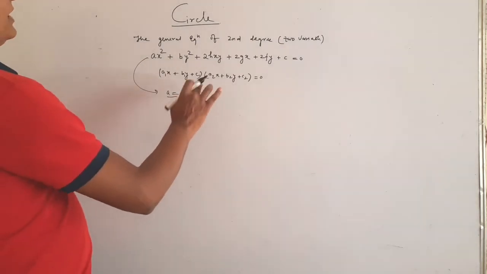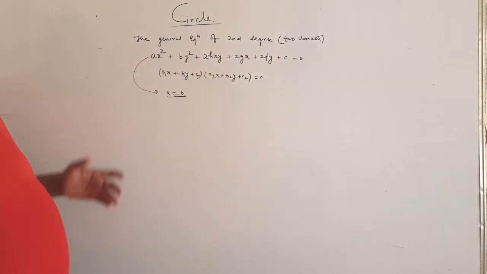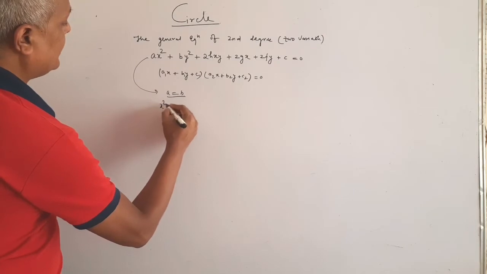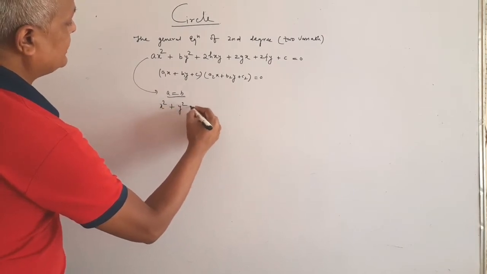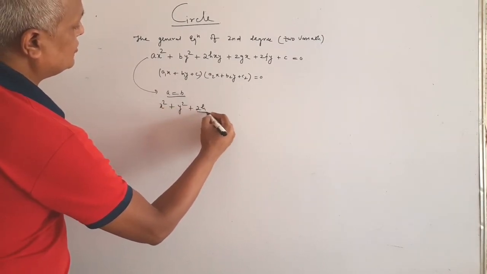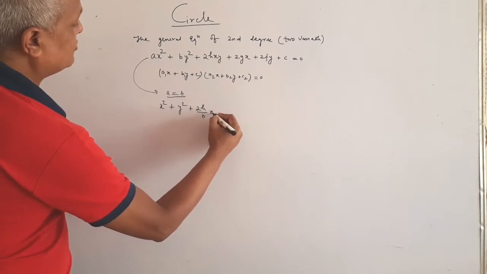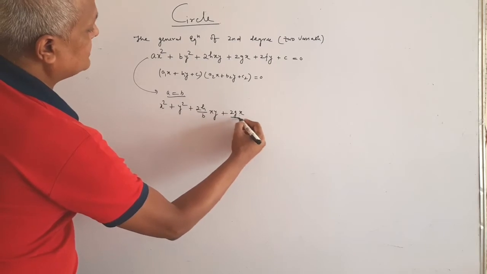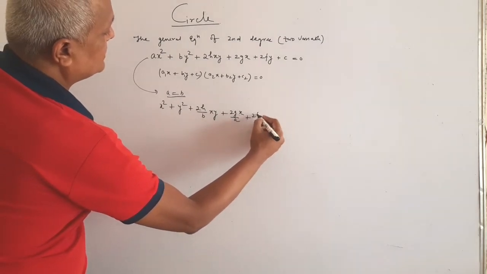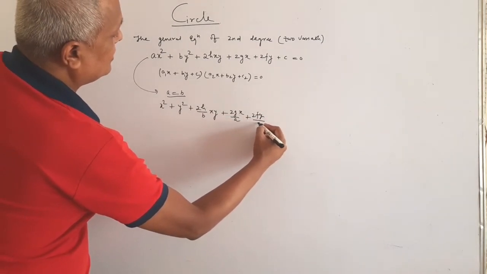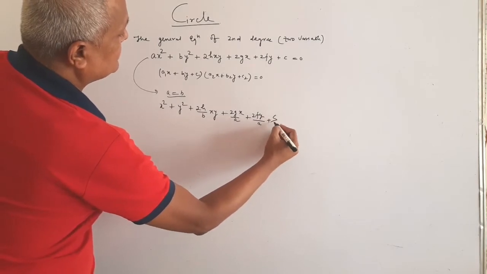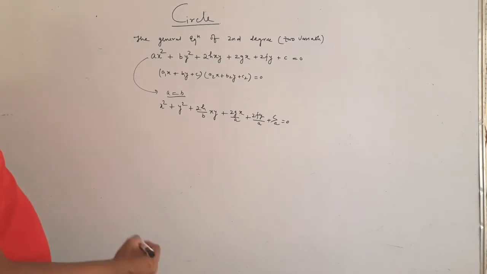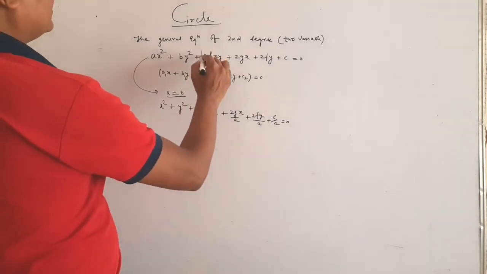If a is equal to b and you divide the equation by a or b, then this equation will become x square plus y square plus 2hxy upon a, plus 2gx upon a plus 2fy upon a plus c upon a equal to 0.